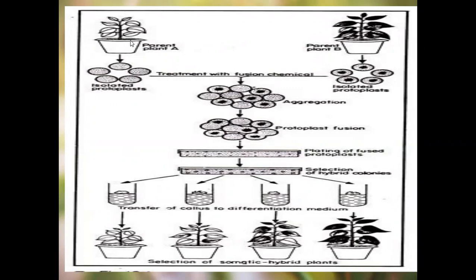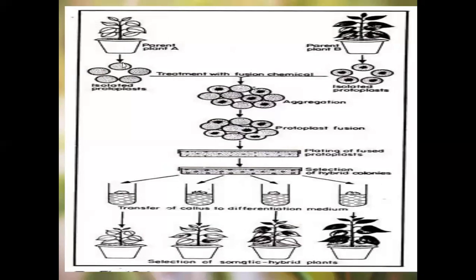One parental plant contains cultivated plant characters, and the other parental plant contains wild plant characters. The wild plant and the cultivated plant are selected, and between these two plants, the selected protoplasts are fused to form a new hybrid cell by protoplast fusion.